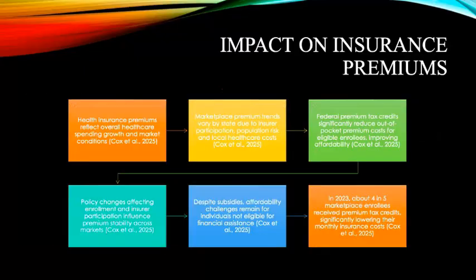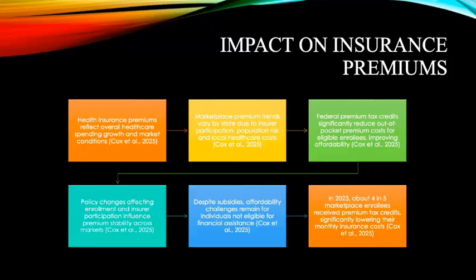Impact on insurance premiums. Health insurance premiums reflect overall healthcare spending growth and market conditions. Premium trends vary by state due to differences in insurer participation, population risk, and local healthcare costs.